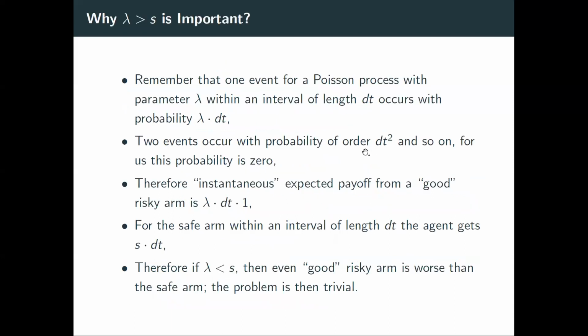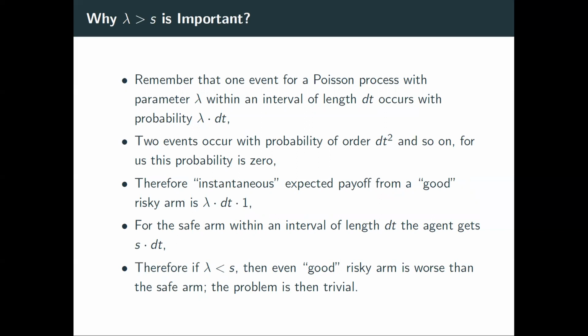Then, the only thing that we will need from a Poisson process is just one of its properties, which was specified in the introductory lecture. An arrival in our case occurs in an interval of length dt, that is, a marginally small time interval, with probability lambda times dt.